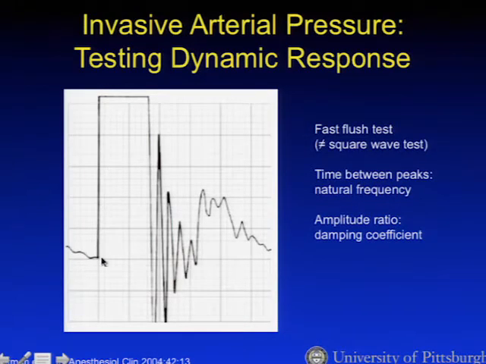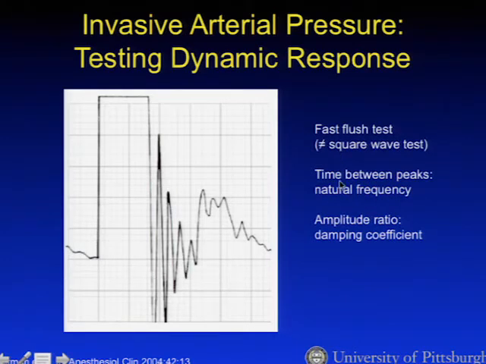So here we have our invasive arterial pressure tracing, and what you see is the artifact resulting from a fast flush opening the valve to the pressure bag connected to the transducer system. And this allows us to illustrate a few characteristics of the dynamic response of the monitoring system.